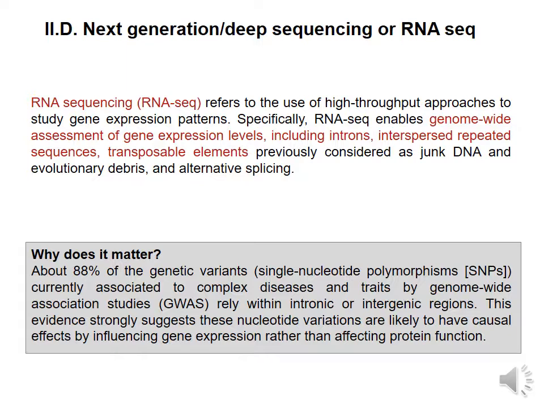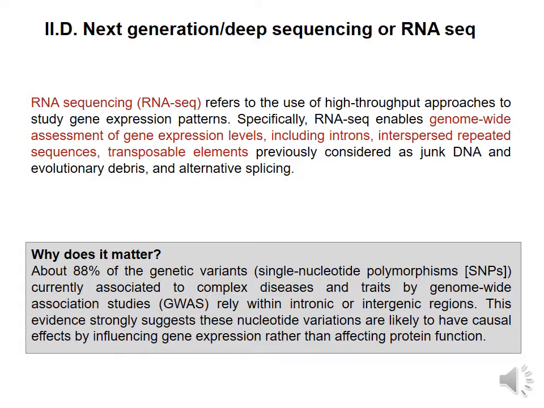So, what is the big advantage of RNA-seq? Well, about 88% of the genetic variants, or single nucleotide polymorphisms, SNPs, currently associated to complex diseases and traits by genome-wide association studies lie within intronic or intergenic regions. This evidence strongly suggests these nucleotide variations are likely to have causal effects by influencing gene expression rather than affecting protein function.